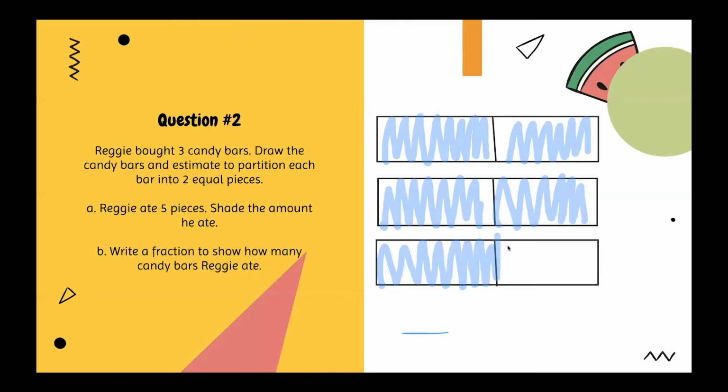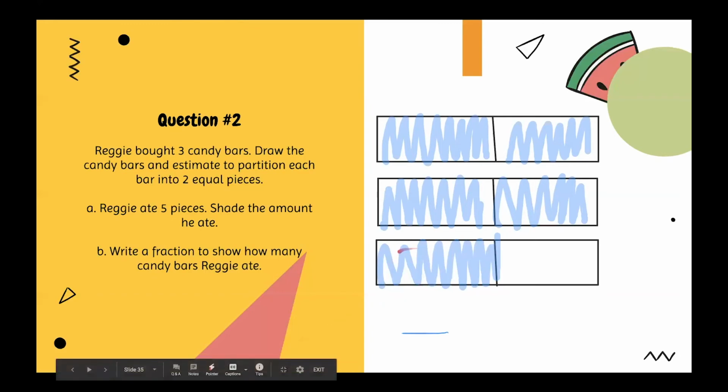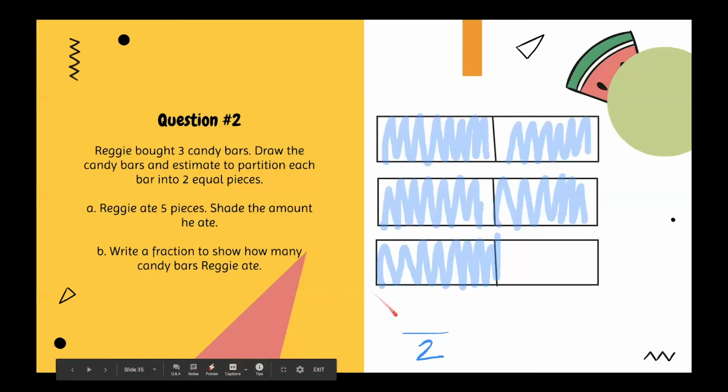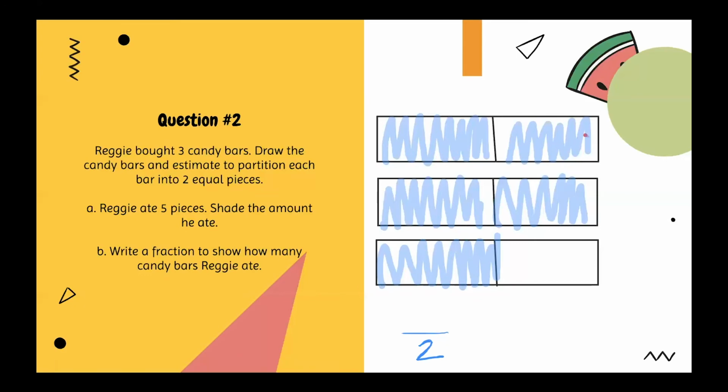So let's look at this whole at the bottom. We have 1 piece and we have 2 pieces. So that tells me that the number 2 is on the bottom of our fraction. And the number on top is the number of pieces we ate. So we have 1, 2, 3, 4, 5 pieces that Reggie ate.